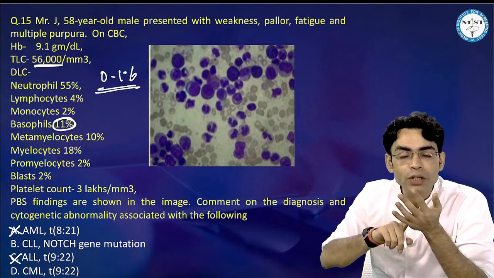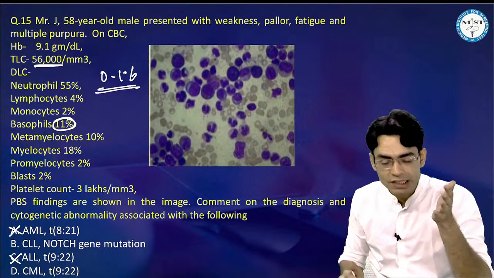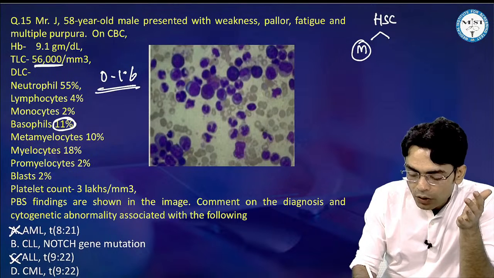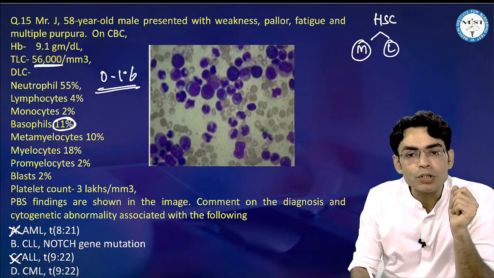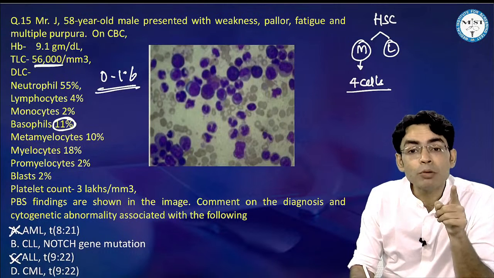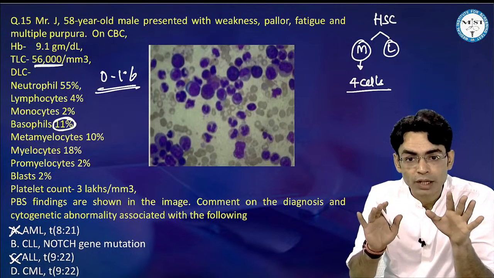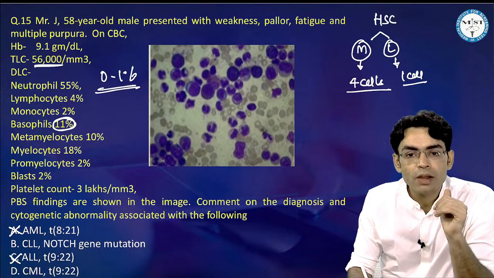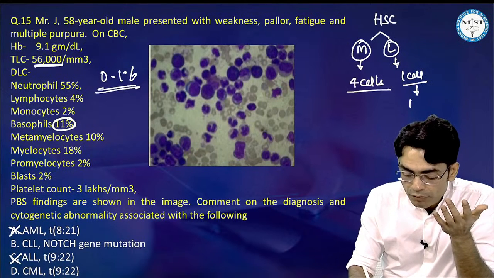It's a myeloid leukemia because, as we have discussed multiple times in the classes, HSC gives a myeloid progenitor cell and a lymphoid progenitor cell. Myeloid progenitor cell is making 4 cells. Talking about WBCs, only WBCs I am talking about: 4 types of WBC, and lymphoid is one type of WBC. So what is the one type of WBC which a lymphoid is making?